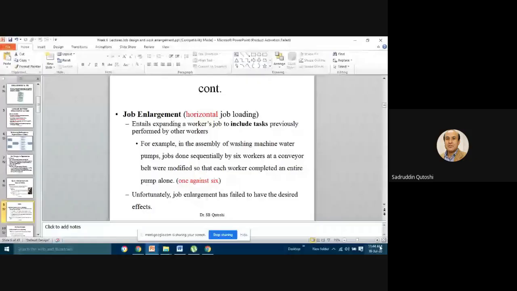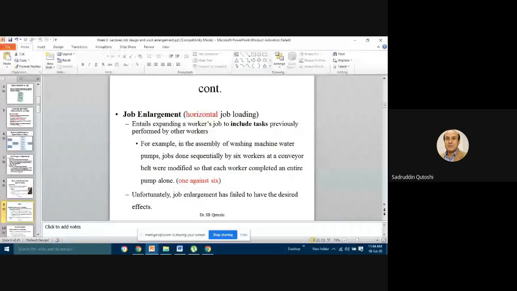For example, five people are performing the same job, and you are given the whole responsibility without being given the authority. Simply you are loaded horizontally with these different people's work. So that is job enlargement.